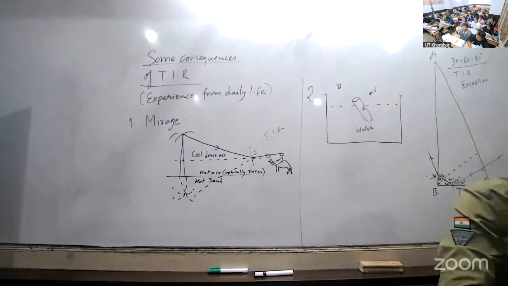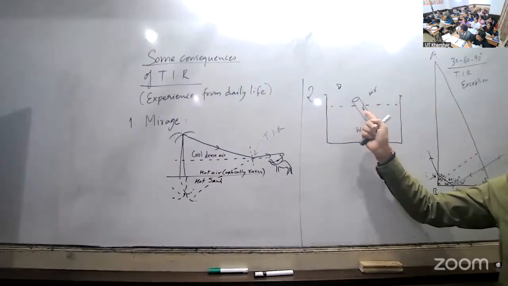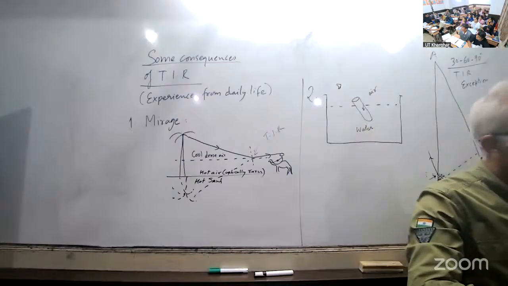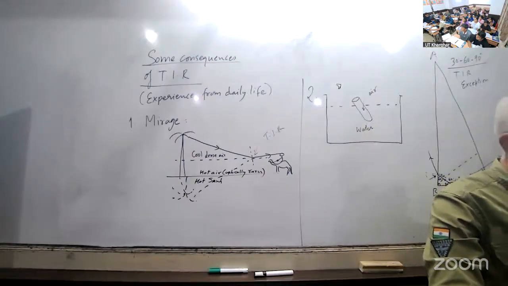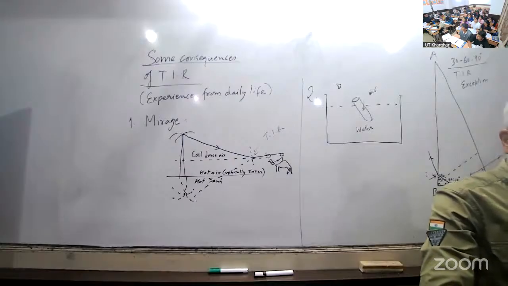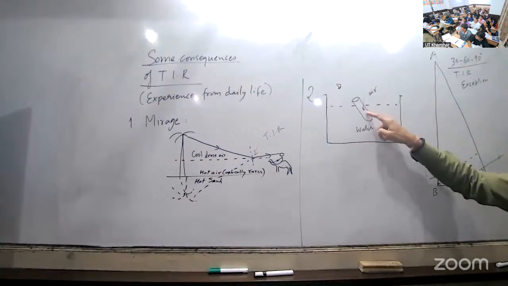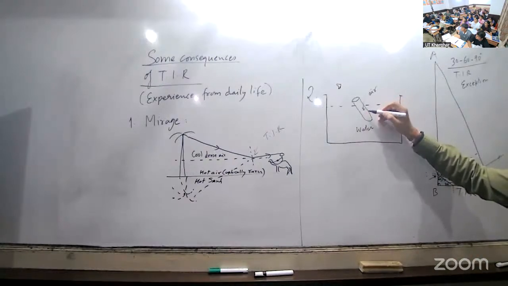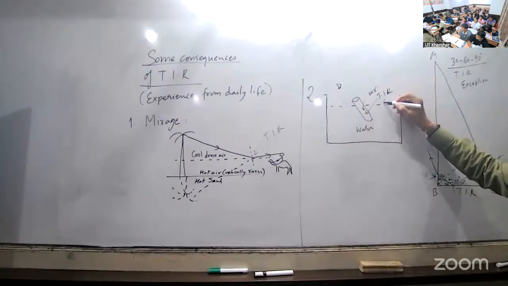So at a certain orientation of the test tube, total internal reflection will take place, and therefore it acts as a mirror. So the test tube will appear like a mirror, and you will see yourself inside the test tube. So basically, at a certain orientation of the test tube, TIR will take place, at a certain angle.